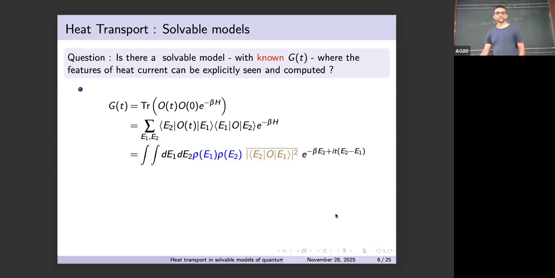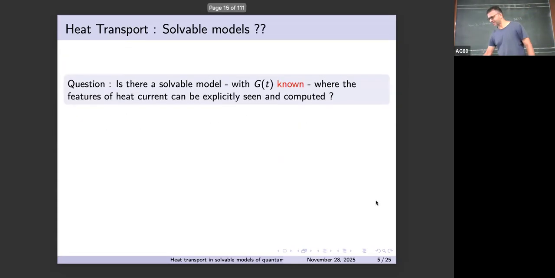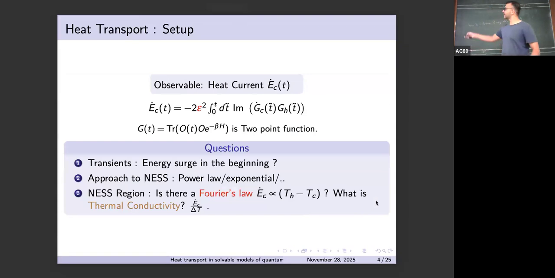Sorry, in answer to Amit's question, you said that E dot was this because of perturbation. Do you have one line explaining why? No, I don't have it, but I can. This one you mean? Yeah. This is GC of what? The GC is the two-point function of the cold operator, and GH is the two-point function of the hot operator. I see. And this is because these were the operators added to the Hamiltonian. That's why some of it affects E. At least in zeroth order, you don't have a non-trivial one-point function.